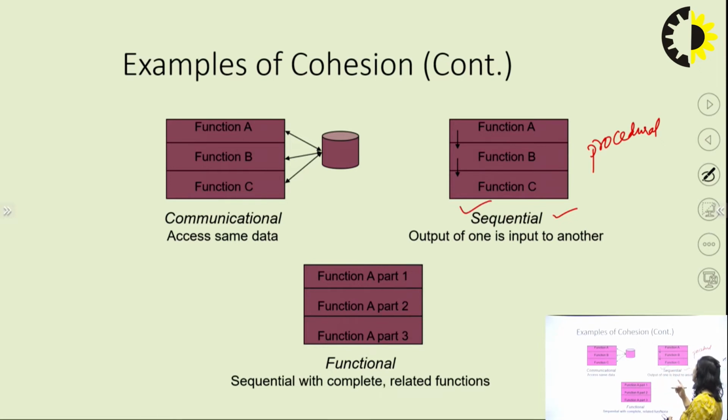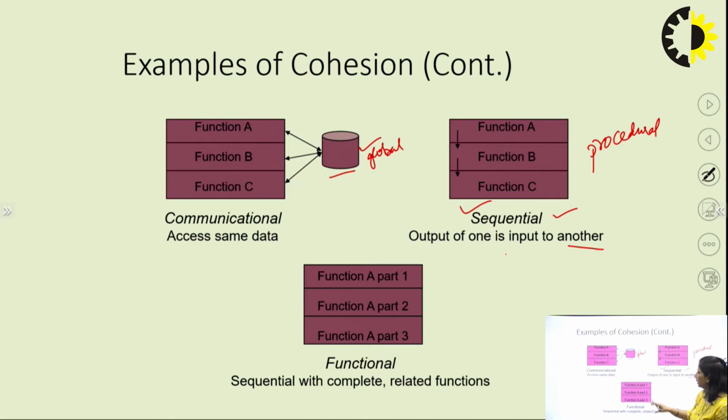The output of one is the input to another. Communicational, again with some global data, right? Some global data or some data store that we are accessing. A, B and C are both accessing the same data. This is communicational.